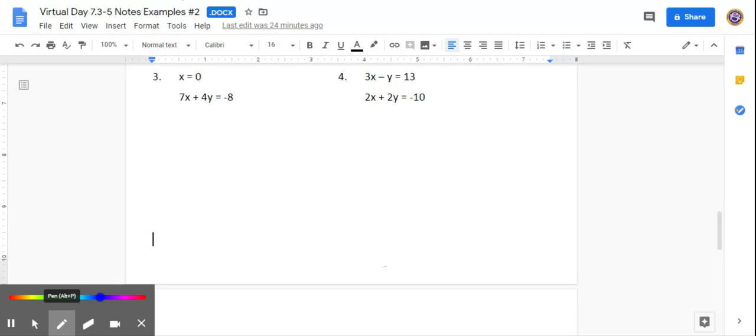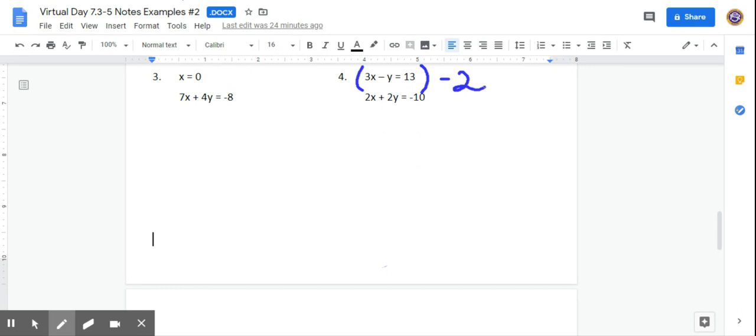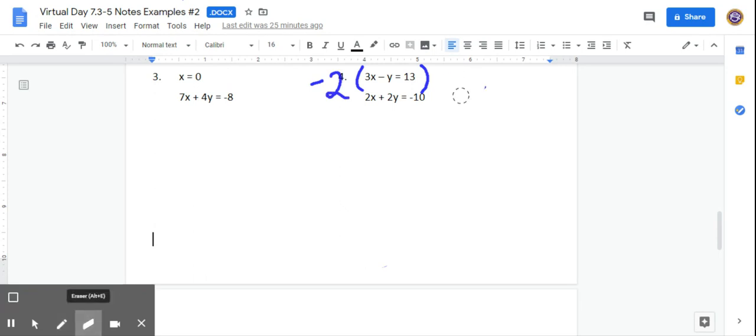So that means all I need to do is multiply this equation by -2. For some of you it might be better if I put it over here.